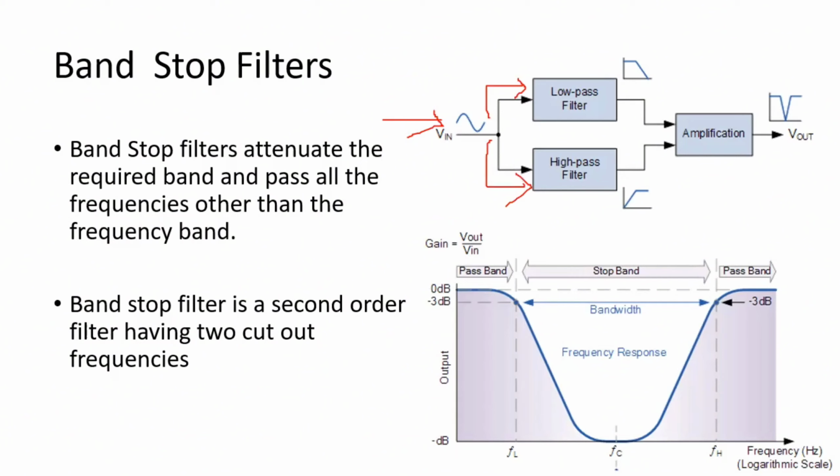So let's say we build up a frequency range of 100 to 900 that we are stopping. So let's say we will have 80.